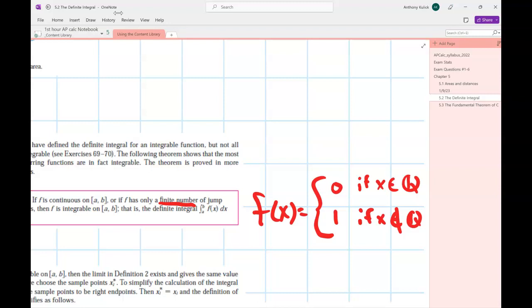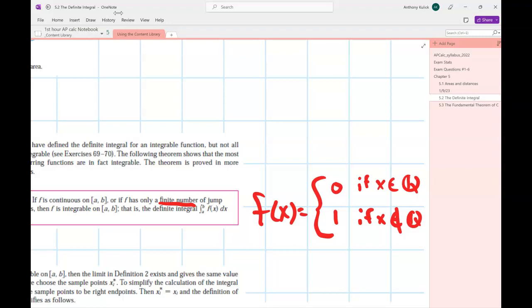So on the interval even from 0 to 1, we have an infinite number of jump discontinuities. It would be something like that. Does that feel okay? It would have to do something with a number set piecewise function to get an infinite number of jump discontinuities.